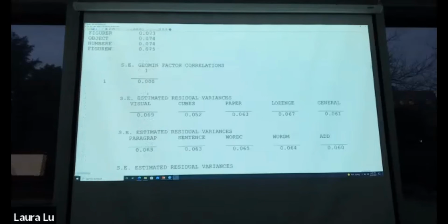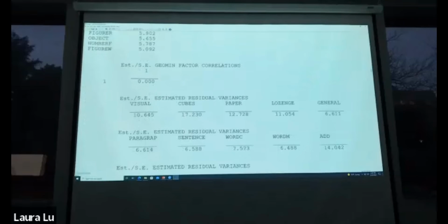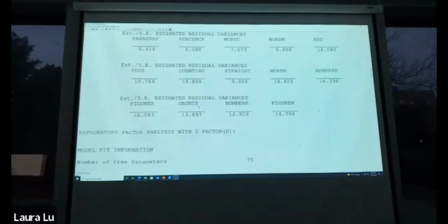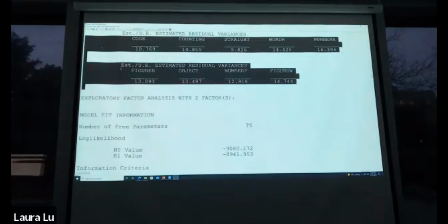And we also have the standard deviations of the factor loadings, and the standard deviation of each residual variance. The T ratio is the estimated value divided by the standard deviation. So the T ratio of the loading elements, and the T ratio of the residual variance. Okay, that's the end of the first set.